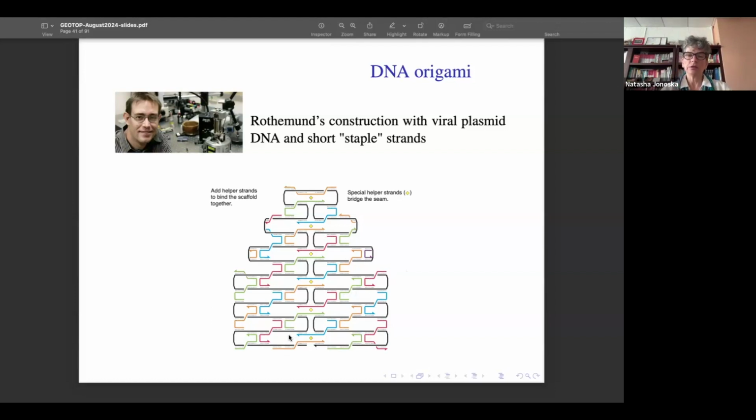Again, you start with everything at some temperature and slowly cool down. When they cool down, the different complementary parts of the molecules come together, and these small molecules that are called staple strands, like stapling this part with this part, slowly bring this structure together.